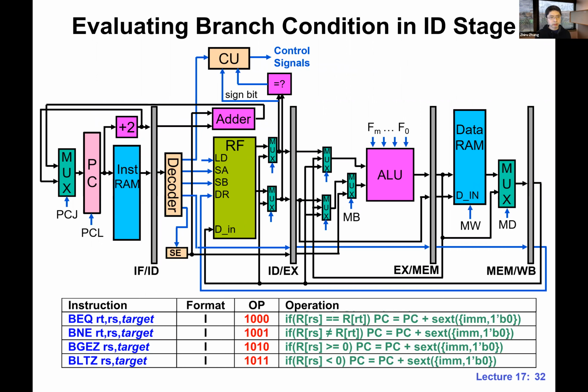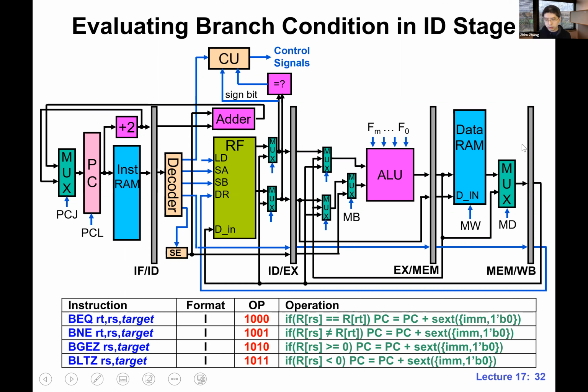In the ID stage, again, we are decoding the instructions, and these blue lines mean the control signals. We will have the addresses of the source A register and source B register, and we will have the values of these registers. Let's say we are doing a BEQ.